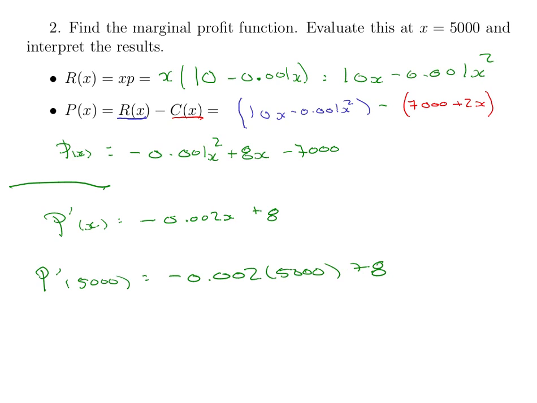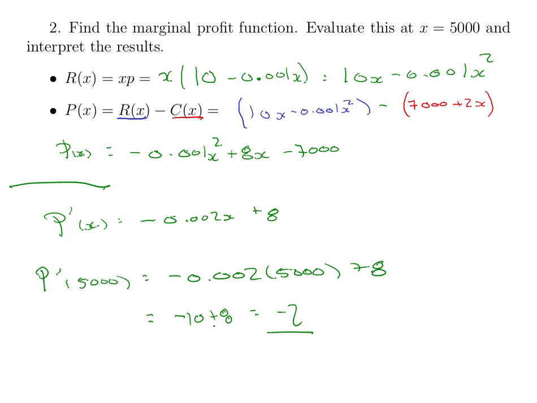So negative 0.002 times 5,000, is that going to be negative 10? Let me double check that real quick. I've got a calculator off to the side. Negative 0.002 times 5,000. Yeah, okay, I'm right. Negative 10 plus 8, negative 2.